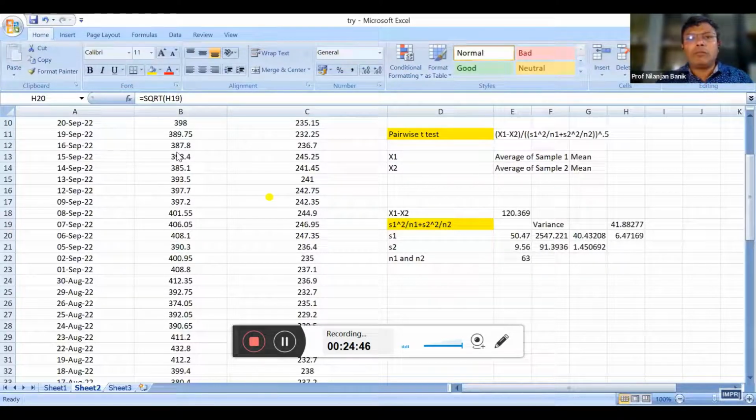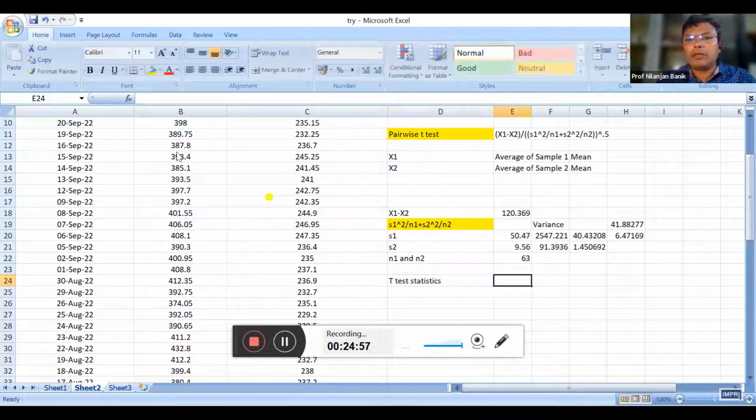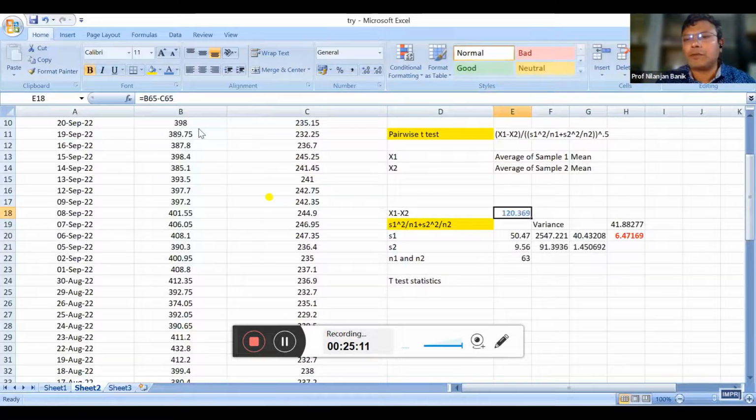Okay. So in this case, what will be the value of the t-test statistics? My denominator is 6.47, and my numerator is this one.